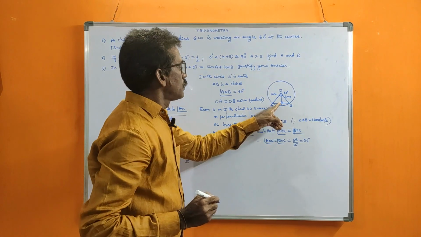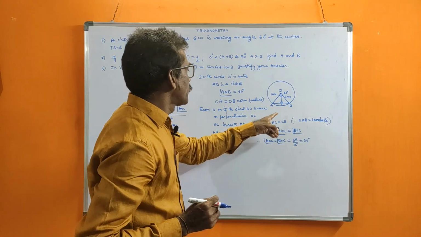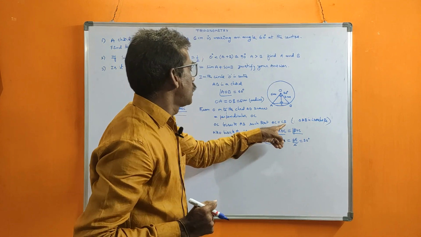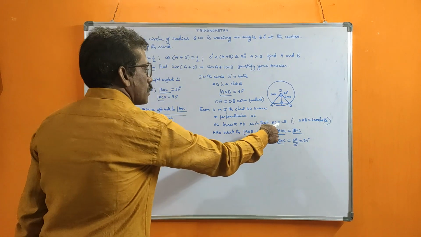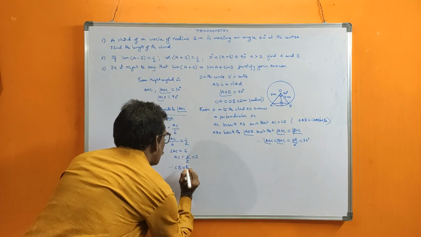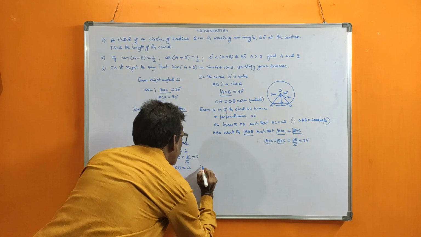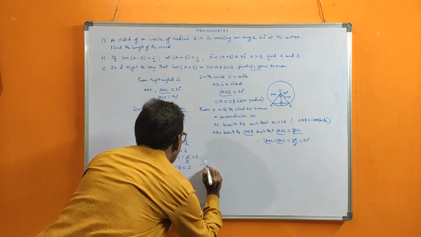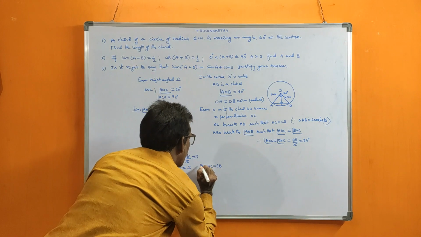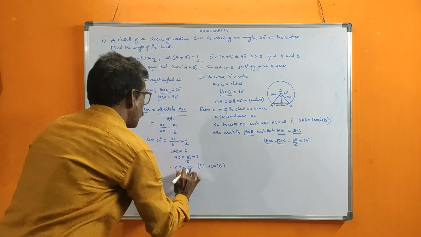AC is equal to 3, but we know AC is equal to CB, that's why CB is also 3.